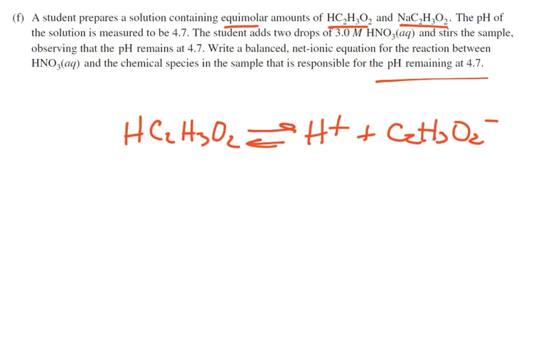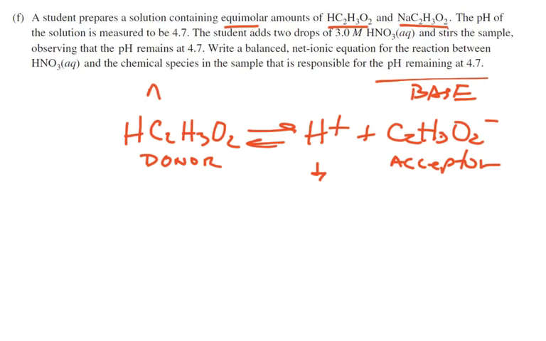So what's happening here is that when we remove a little bit of H plus by adding some base, then there is a donor right here, donor molecule, which can put those H pluses back. And if I add some H pluses like we're doing in this question, then here I've got an acceptor, okay, which is my Brønsted-Lowry base, and that can mop up any excess H pluses I put in.